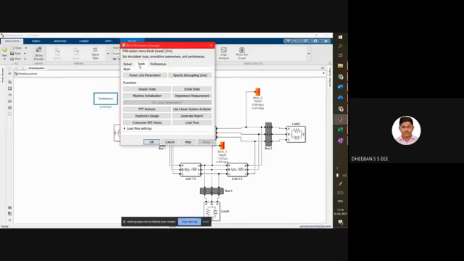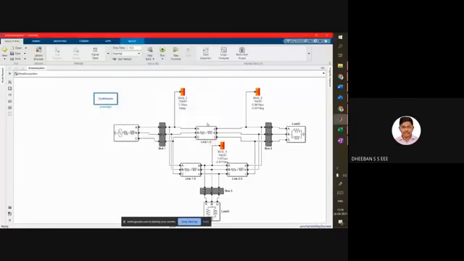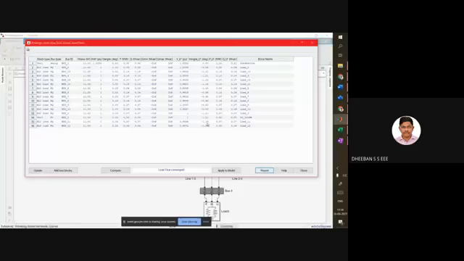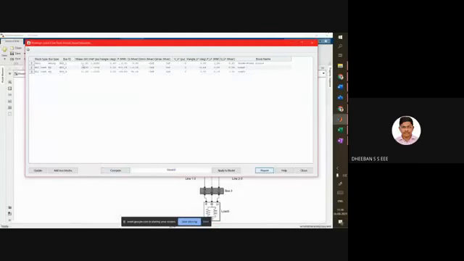You have to move towards tools and load flow. It is for a 3-bus system. Here you can see that it is a 3-phase source, and load 2 and load 3 are connected.